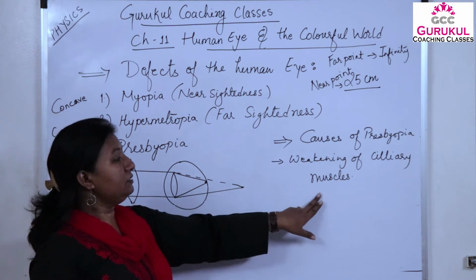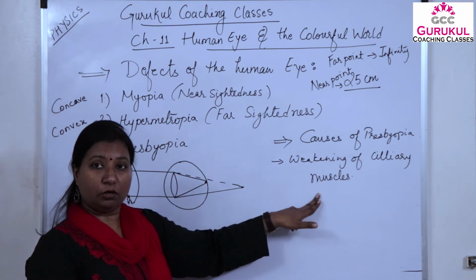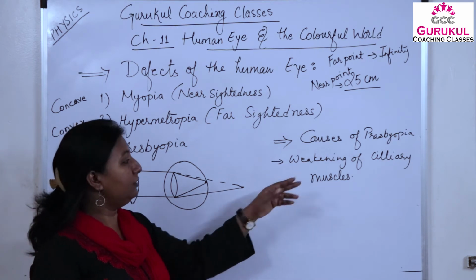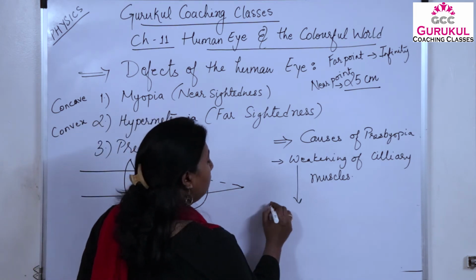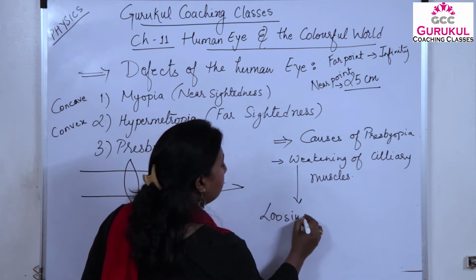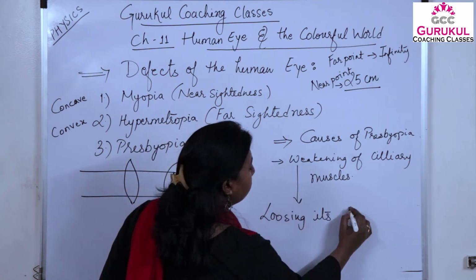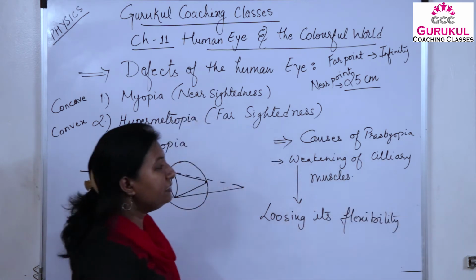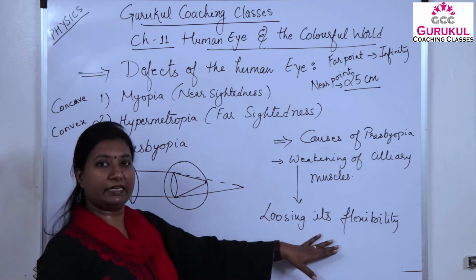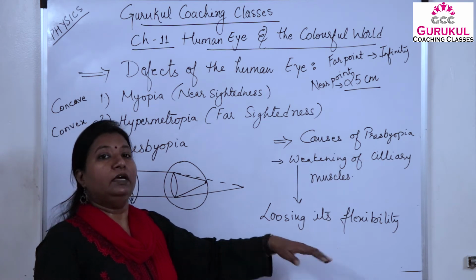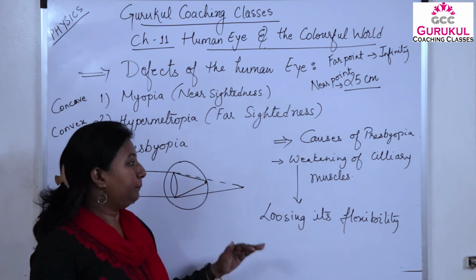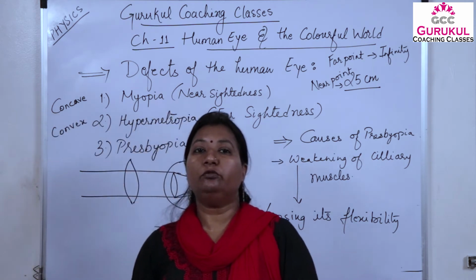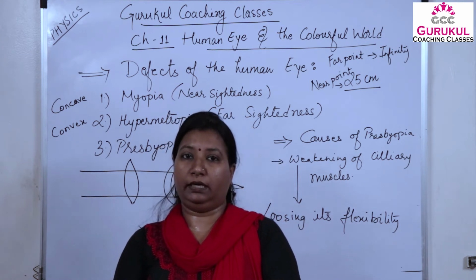The ciliary muscles can't relax and contract properly because they lose their flexibility. So the focal length of the human eye is not adjusted properly, right?